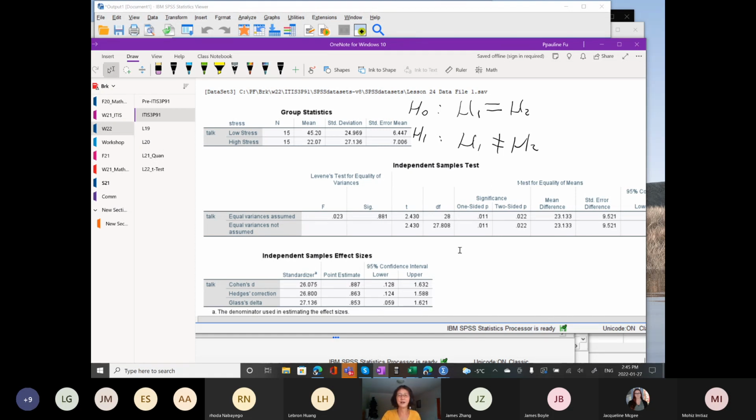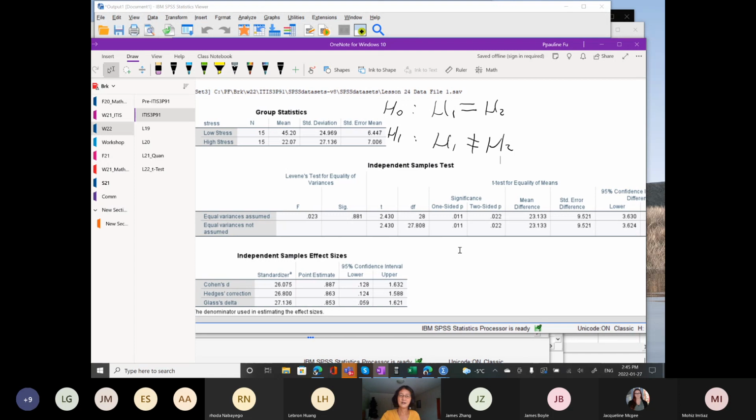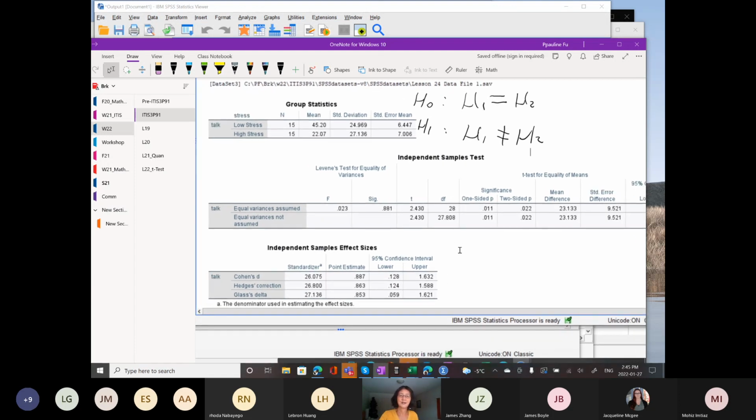So there are two methods to answer that question: are there any differences between two population means? Method 1, use the p-value. When you use the p-value, you are given two lines here. One is equal variance assumed. The other is equal variance not assumed. Usually, people select the first one, equal variance assumed. Whose variance? Population variance.